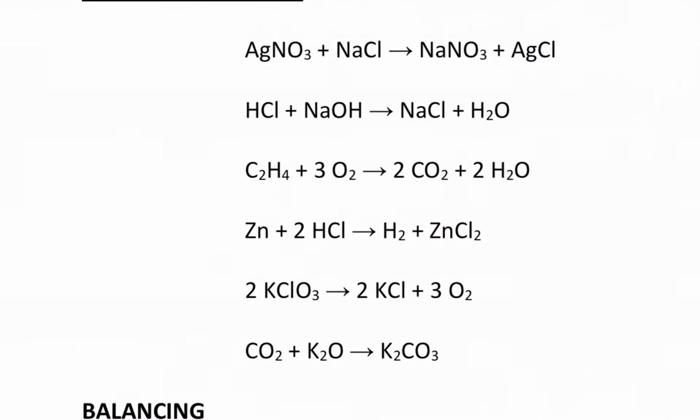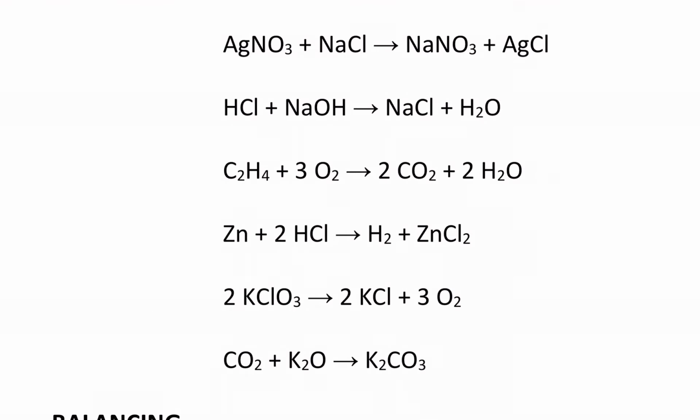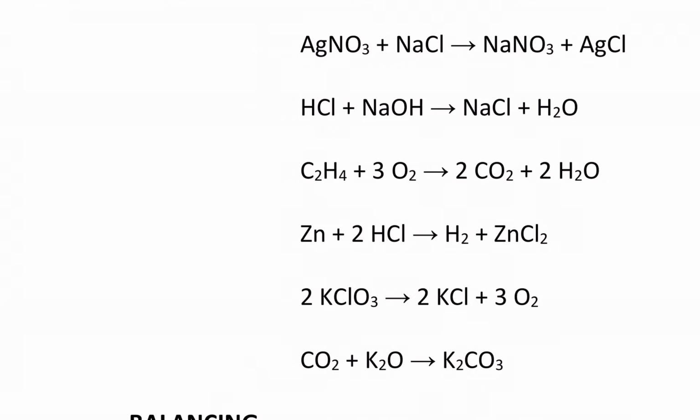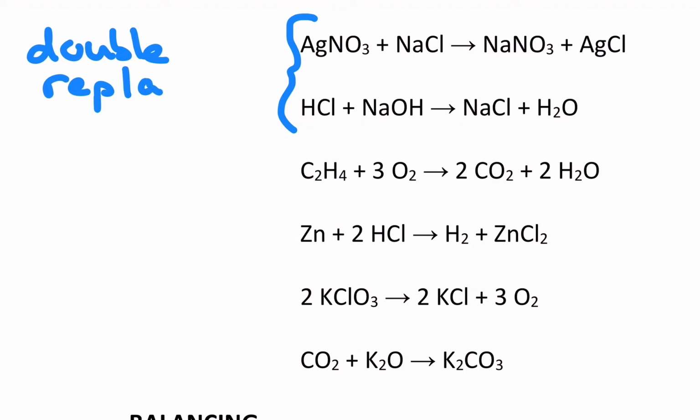So let's classify types of reactions. It's useful for chemists to talk about them in terms of the way they're classified. You might have learned in your intro class that when you have multiple compounds becoming different compounds, that's a double replacement reaction. A hydrocarbon plus oxygen making CO2 and water is a combustion.